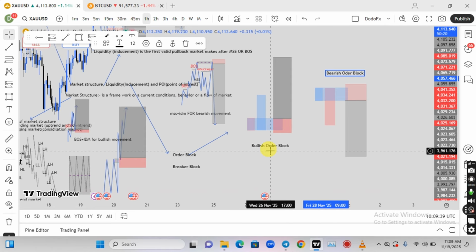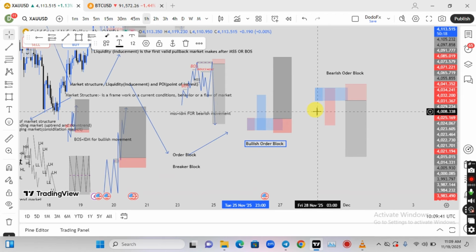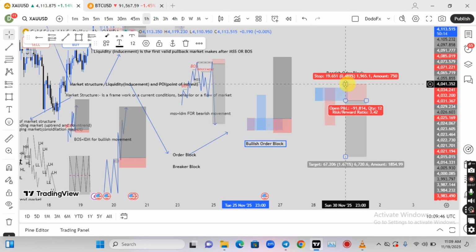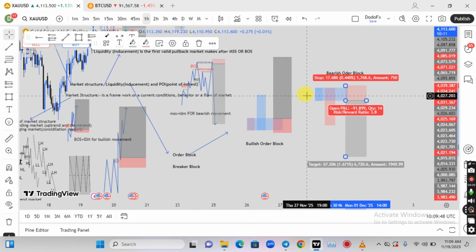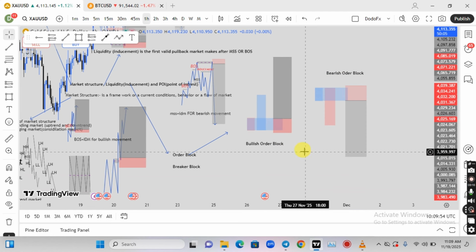Understand, right? So that's how it looks like. These are what I look at when I'm about to take entries on any trades. I look out for these zones before taking entries on markets.